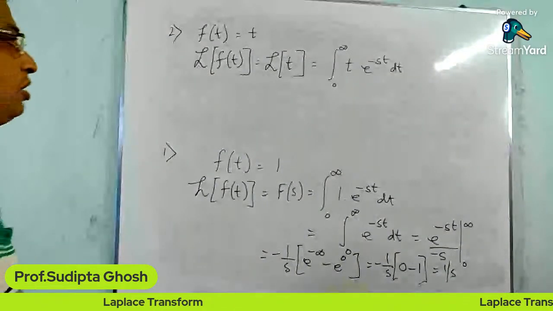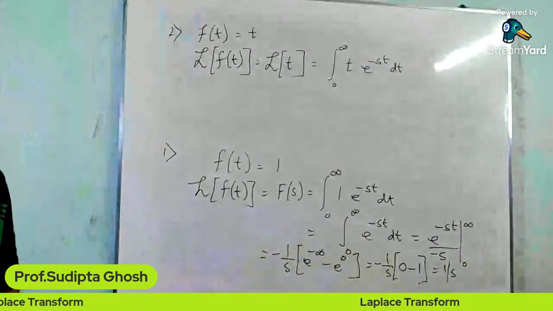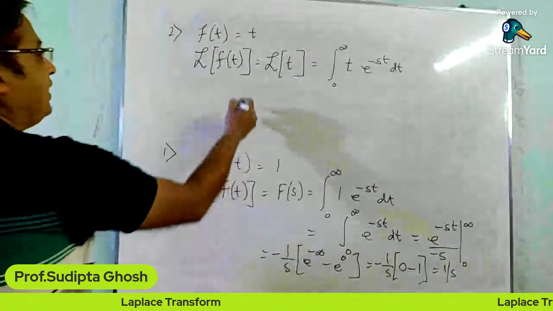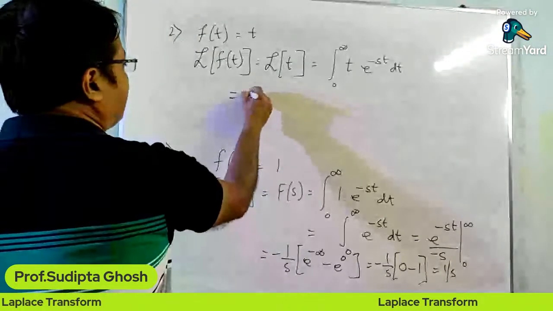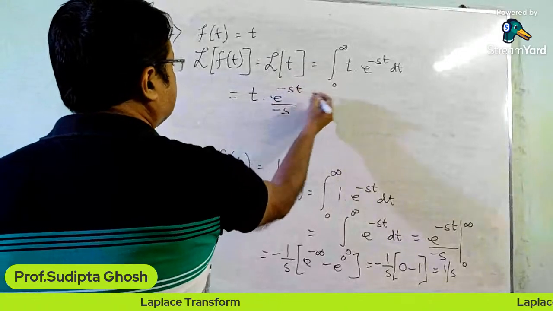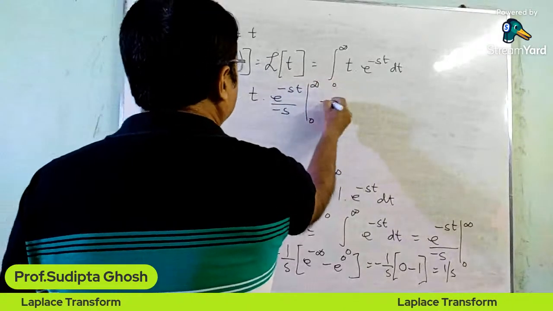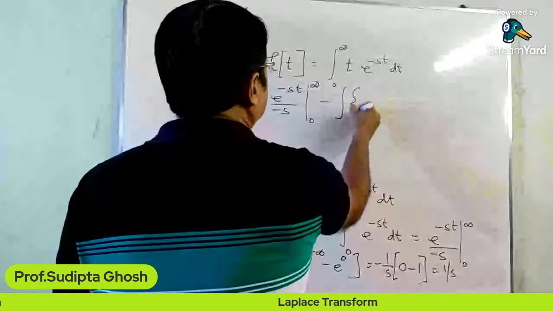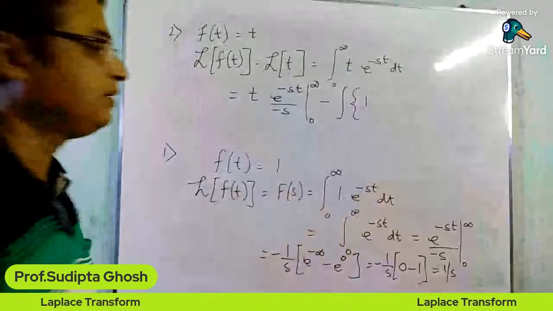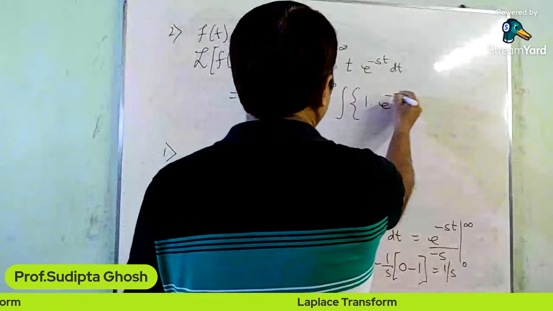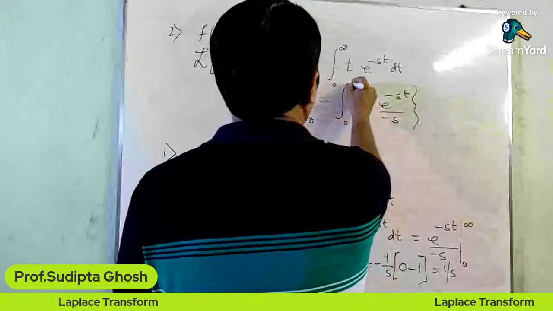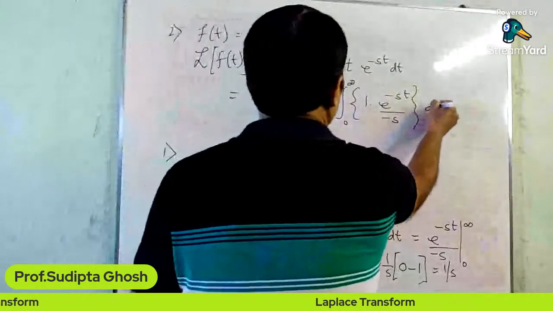Taking t as the first function and e to the power minus st as the second function, we have: first function times integral of the second, that is e to the power minus st by minus s, limit 0 to infinity, minus the integral of the differentiation of the first, that is 1, times the integral of the second, e to the power minus st by minus s, dt.